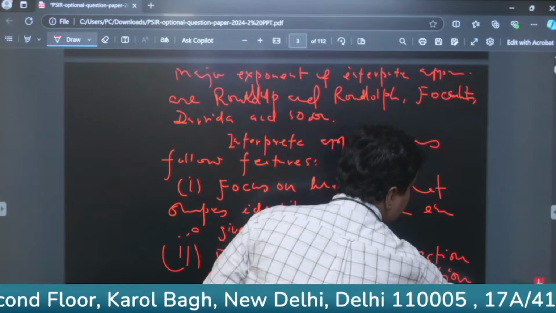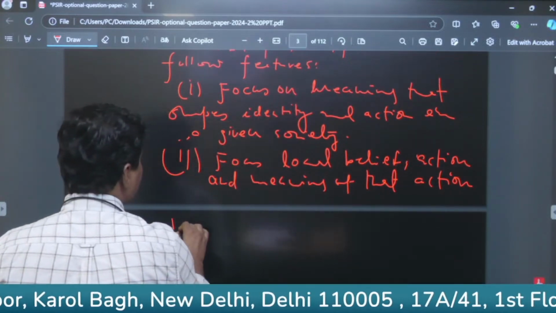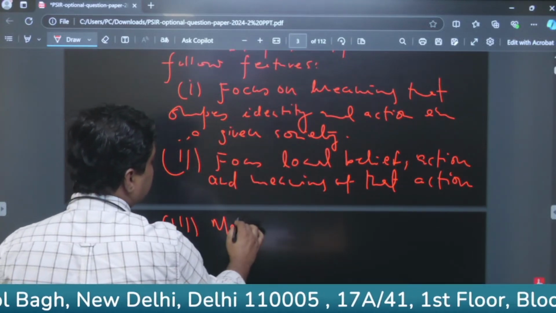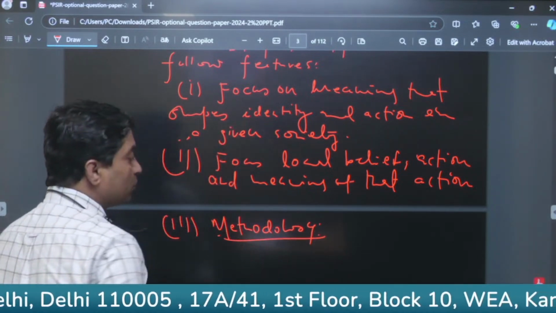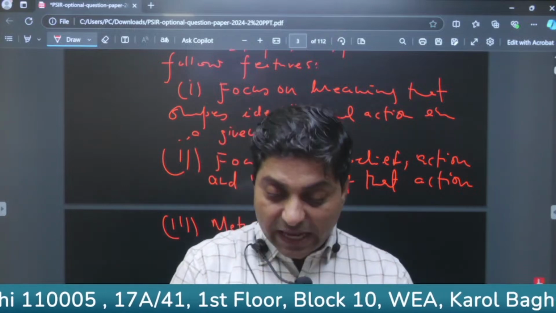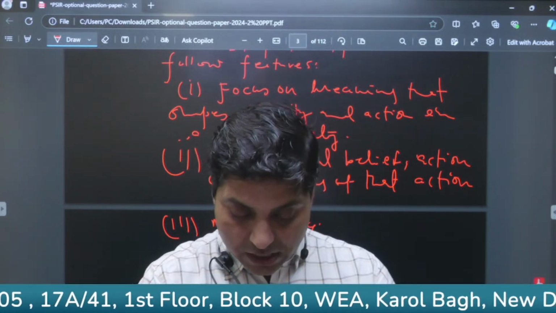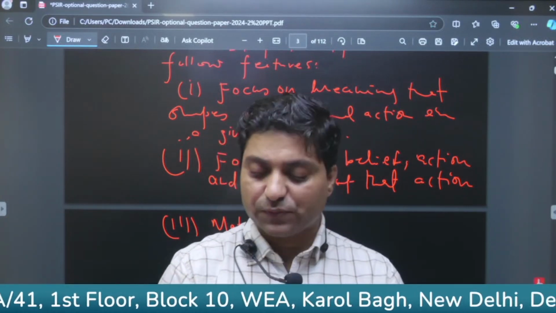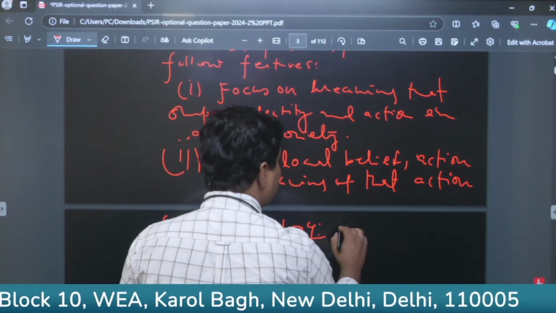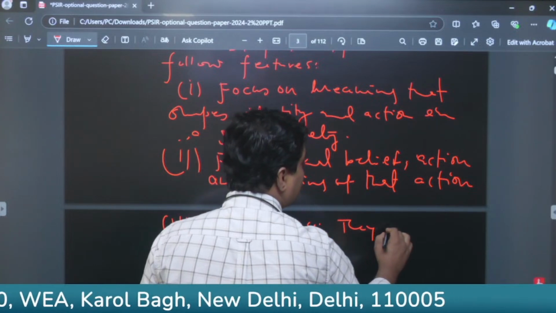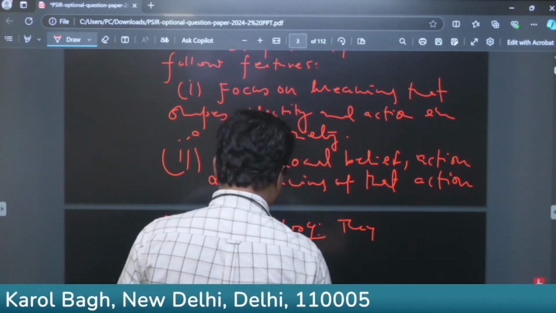Now third is methodology. If we look at the methodology, right, they use qualitative data as well as quantitative data. Their focus is very specific and local in nature, right?